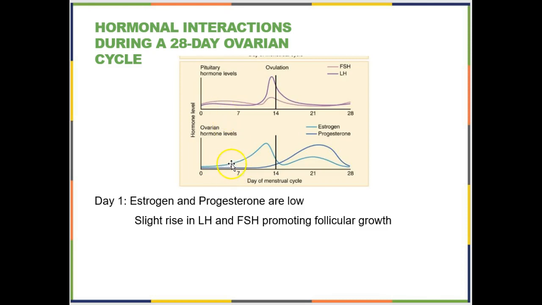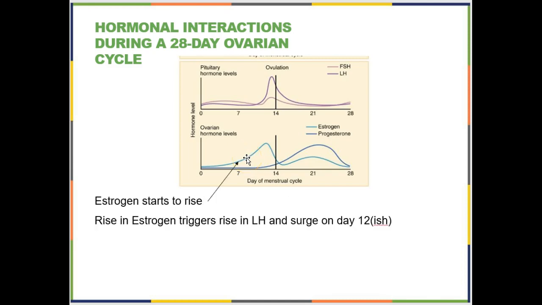And if you note here, as the follicle grows, this is your estrogen levels starting to go up because the follicle's getting bigger. So as estrogen levels start to rise, this rise here in estrogen is what triggers the LH surge up here coming from the pituitary.